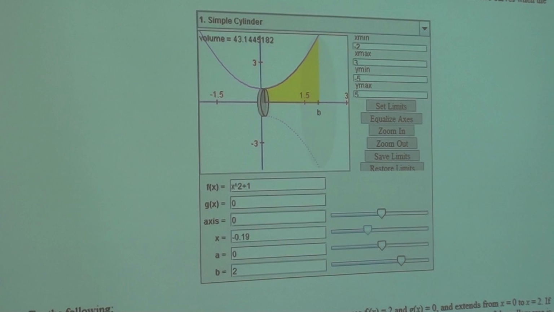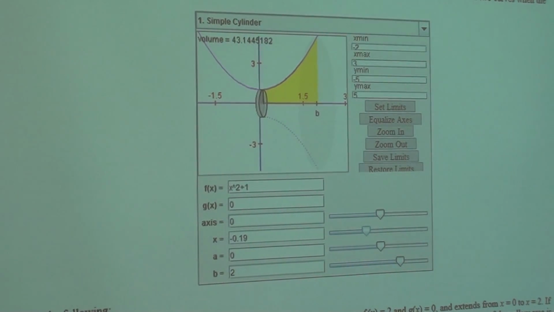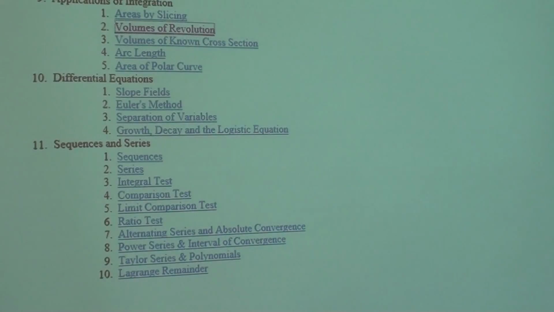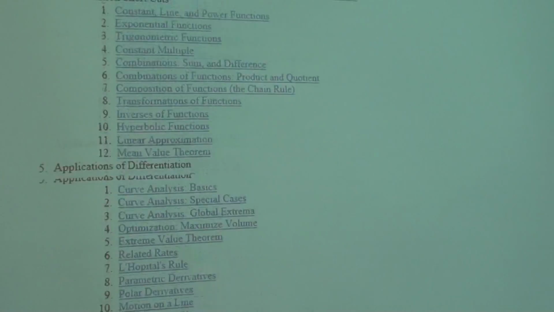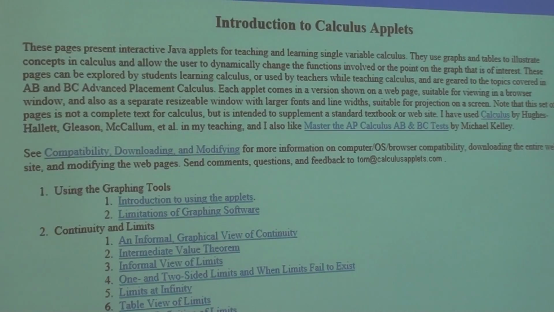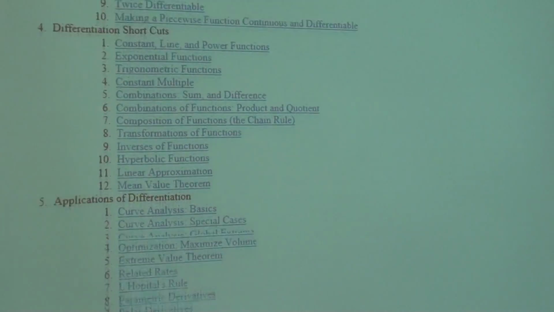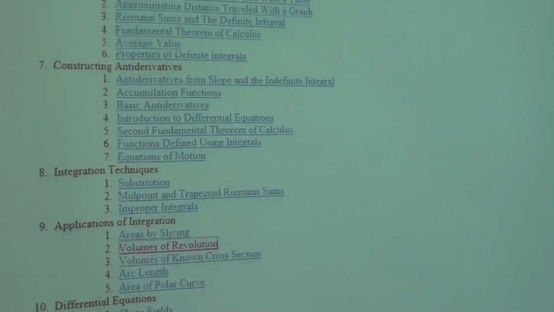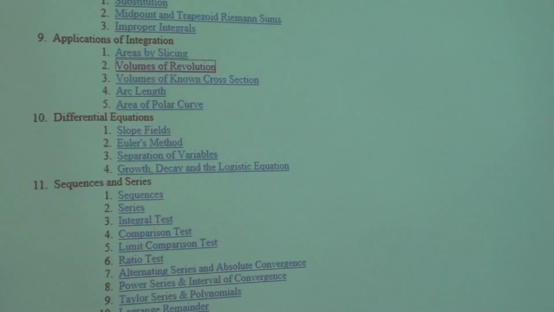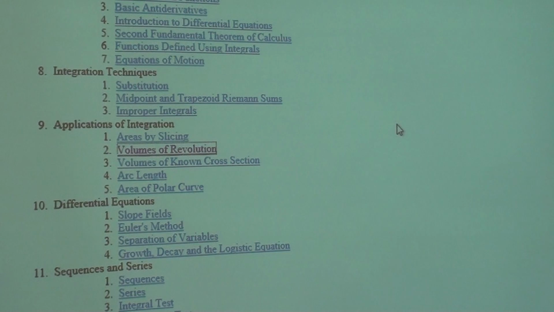If you ever want to explore the topics you've learned, quiet please, this website has like a million applets on all kinds of different things. Let's do Riemann sums. We did Riemann sums, remember in class? Or Euler's method. So yeah, let's do Euler's method.